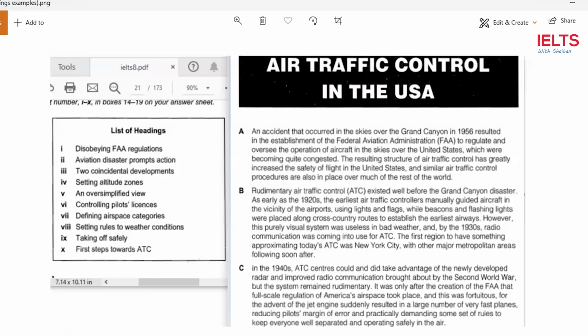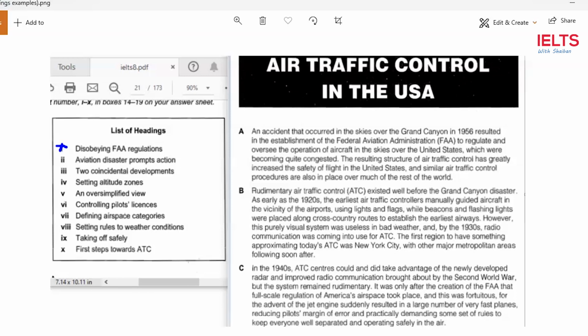So number 1 is not correct. Number 1 is a wrong answer. So number 1 is out of the record, so I delete number 1.